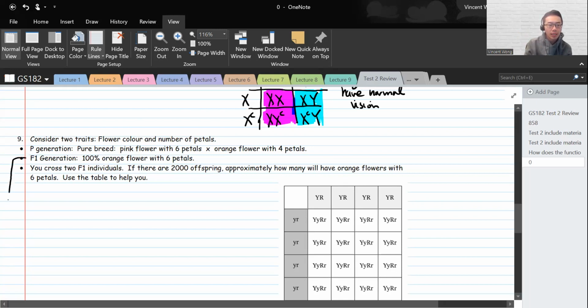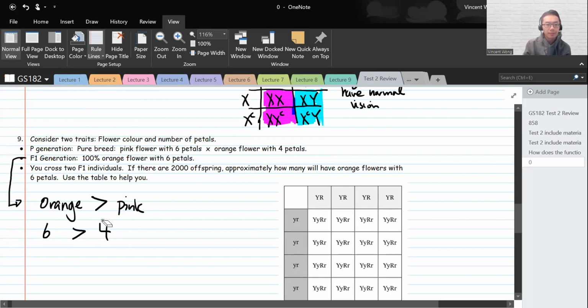So just by looking at the F1 generation, we can see that orange is dominant over pink. And the other one, six petals is dominant over four petals.